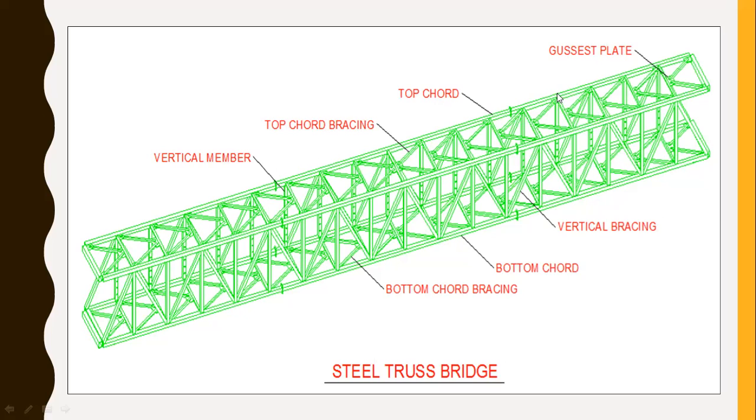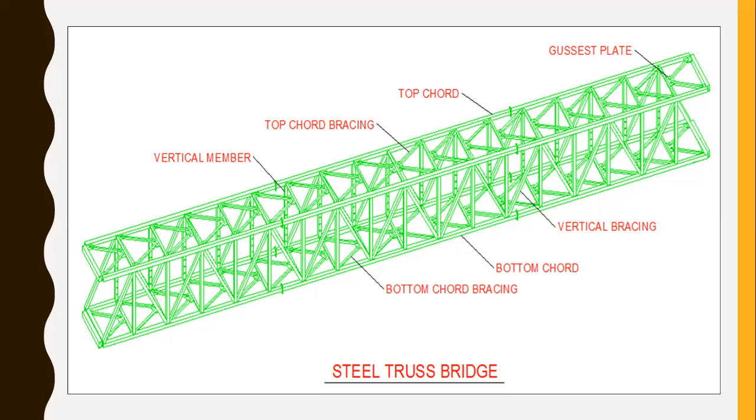This is our top chord member. Vertical bracings are also provided, the bottom chord member is provided, bottom chord bracing is also provided, and here at the last, the gusset plate is provided. This is the actual figure of a steel truss bridge.